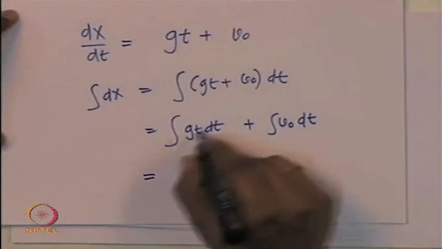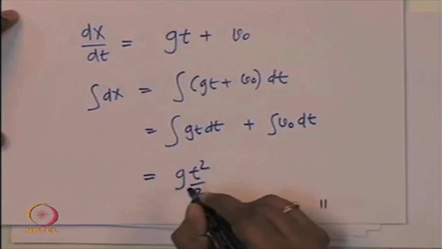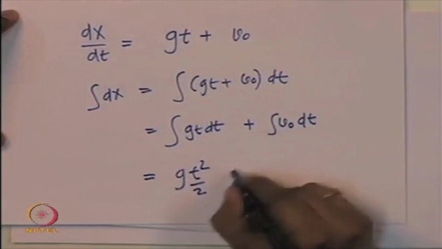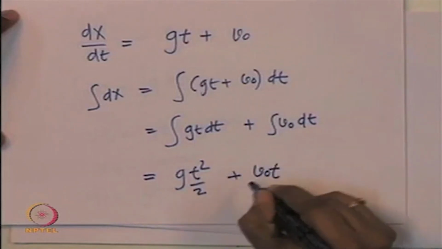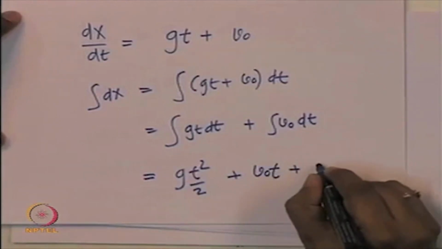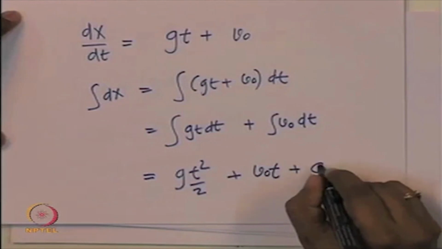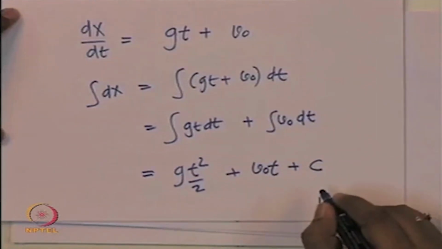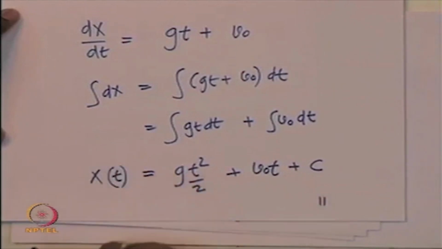This is equal to g t square by 2 plus a constant, and integral v 0 is v 0 t plus some other constant. These two constants together, let me call this constant c.